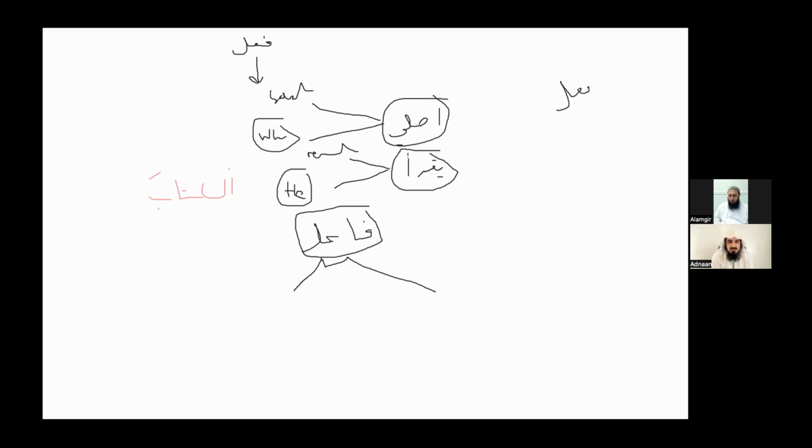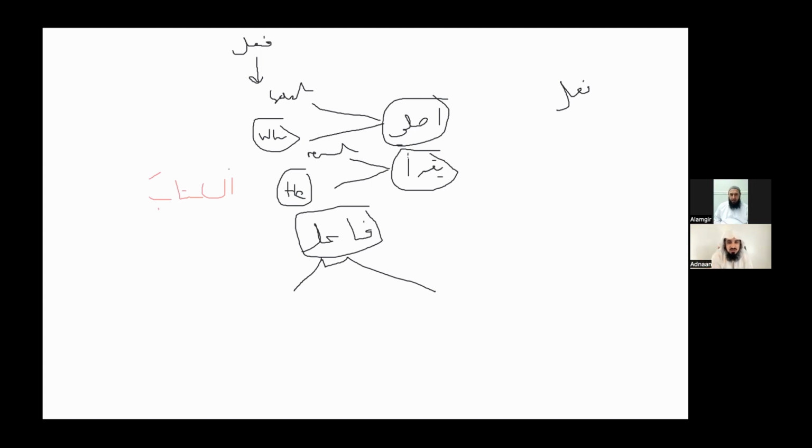Have you not noticed the fact that, for example, yusalli sounds very different to the word yastayqidhu? Have you not noticed that? Yes, I've noticed this. So later on they'll tell you, or we'll go through, it's called a wazn. A wazn literally means a weight.